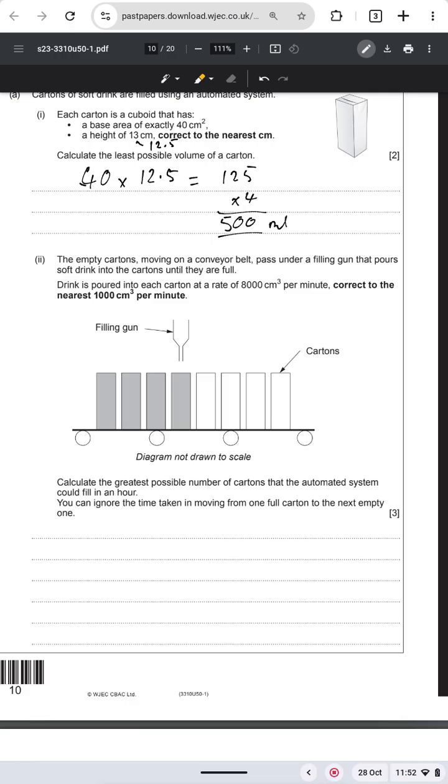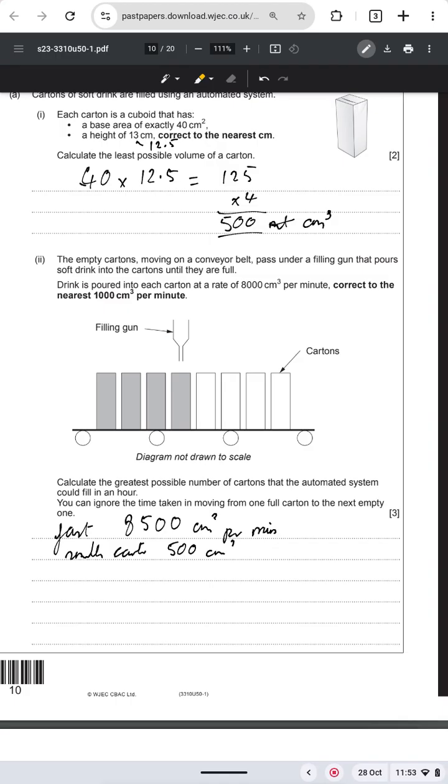Okay, so for this we need the fastest filling rate. I've just realised the one above should be centimetres cubed, not millilitres, which makes it a bit easier for this one. So the fastest rate we can have is 8,500 centimetres cubed per minute, and we're going to be filling the smallest carton, which is 500 centimetres cubed.